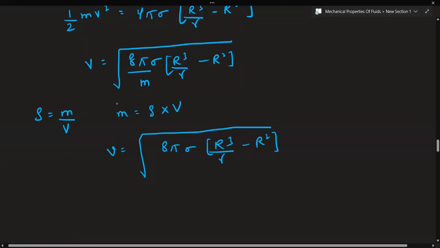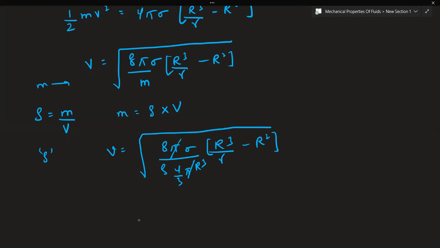So if the question is given in the form of rho, if the density is mentioned to you, you can eliminate mass. If mass is given to you, you can write it till here only. So it would be rho and volume would be again 4 by 3 pi R cube. Pi will get cancelled, 3 would be multiplied.